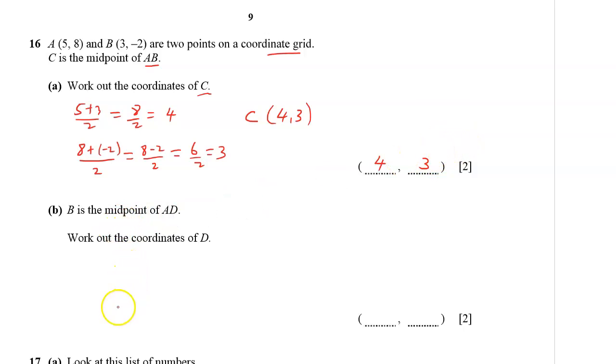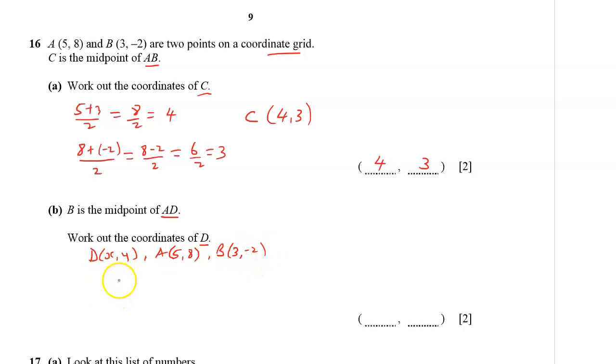Part B. B is the midpoint of AD. Work out the coordinates of D. So we know that D has coordinates (x, y). We are told that A has coordinates (5, 8), and we know that B has coordinates (3, -2).